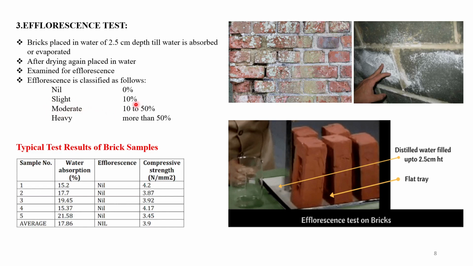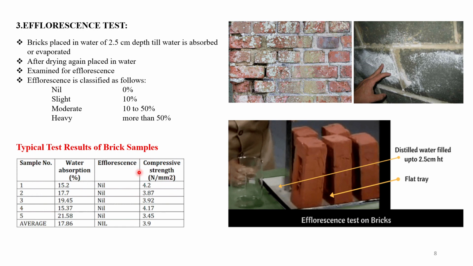Moderate means up to 50% of the area covered by the salt. Heavy efflorescence means the complete area or more than 50% of the area is covered by the salt.